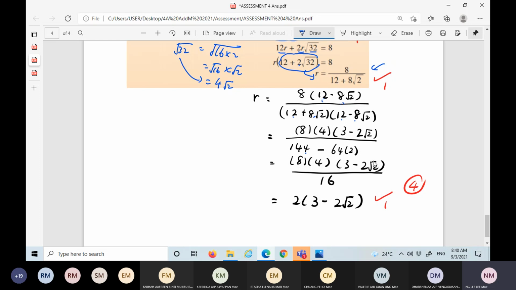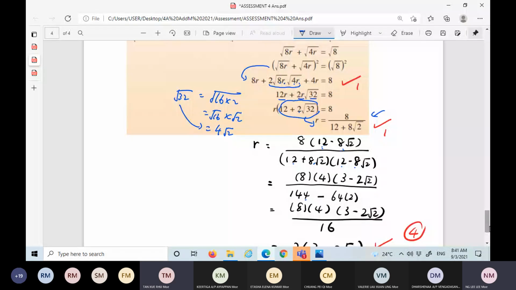Teacher, I tried again that time. I square the whole thing again to take away the square root. Which step you mean? You mean here?